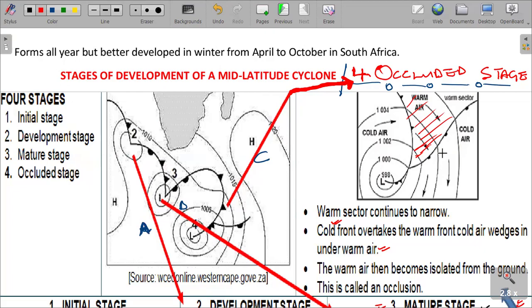If I was going to put a line, this is the point coming down like this, where we have got our cold front, which is also where we are having the cold air. So please take note of these representations shown there, so that you can clearly dissect and understand them.